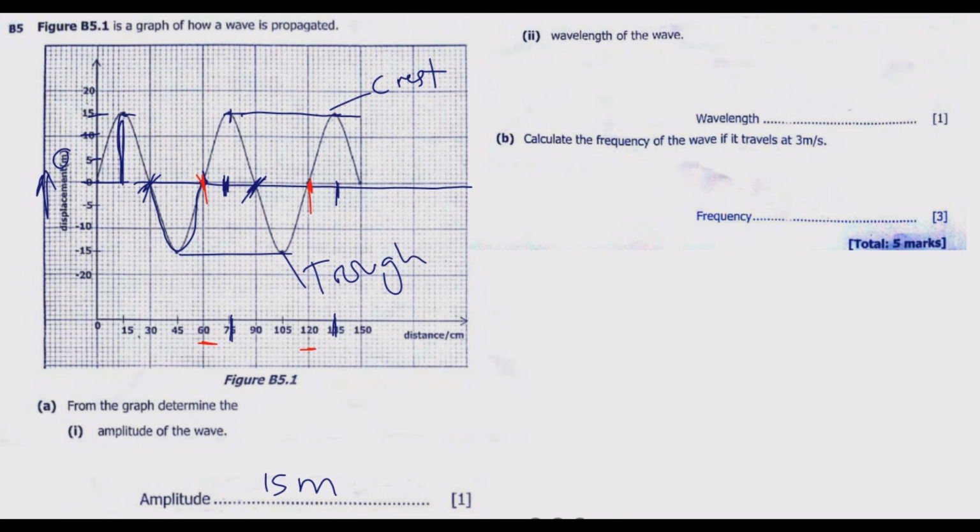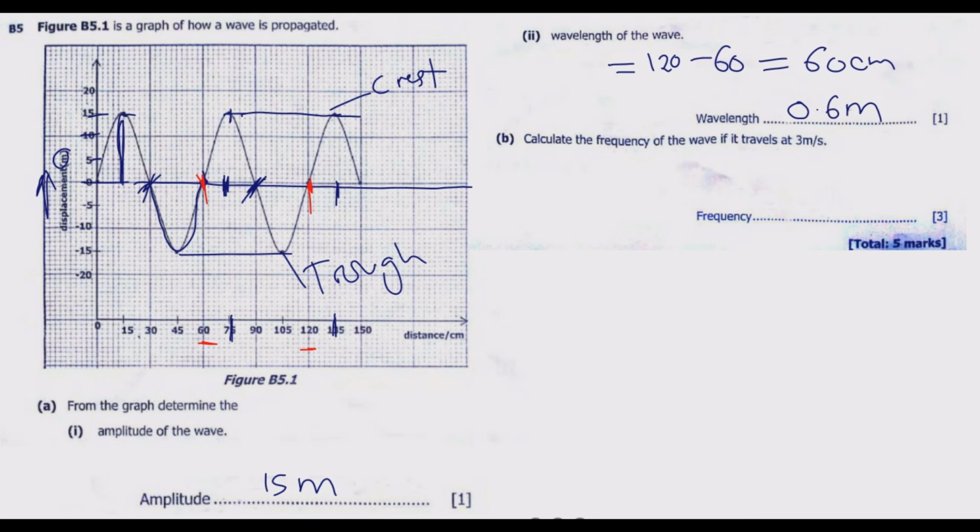So the wavelength will be 120 centimeter minus 60 centimeter, which gives us 60 centimeter. So 60 centimeter is the wavelength, which is the same as 0.6 meters. So that's the wavelength.